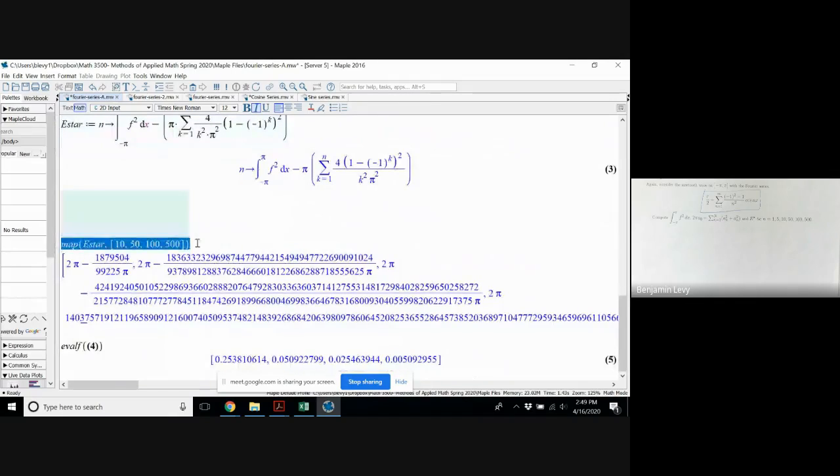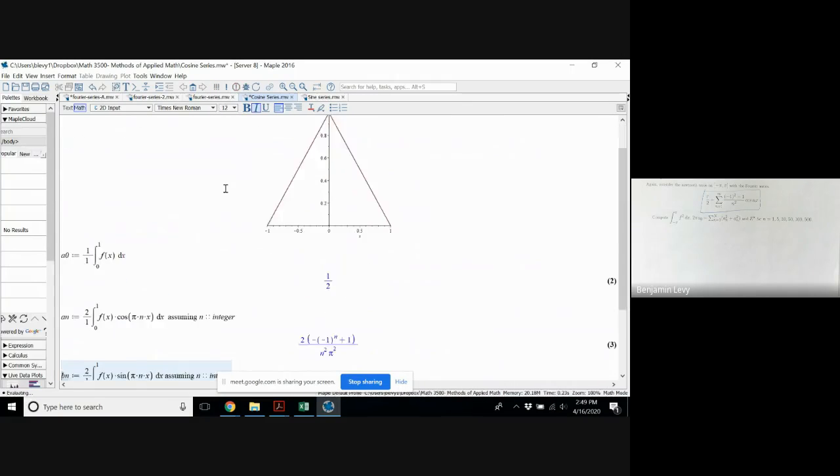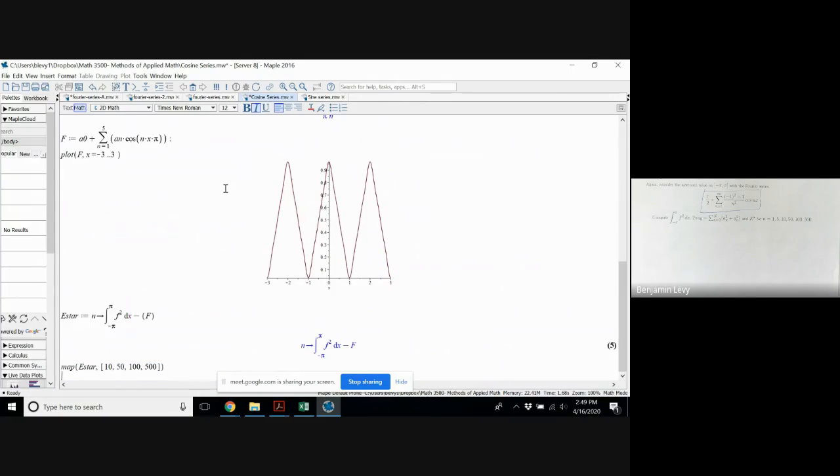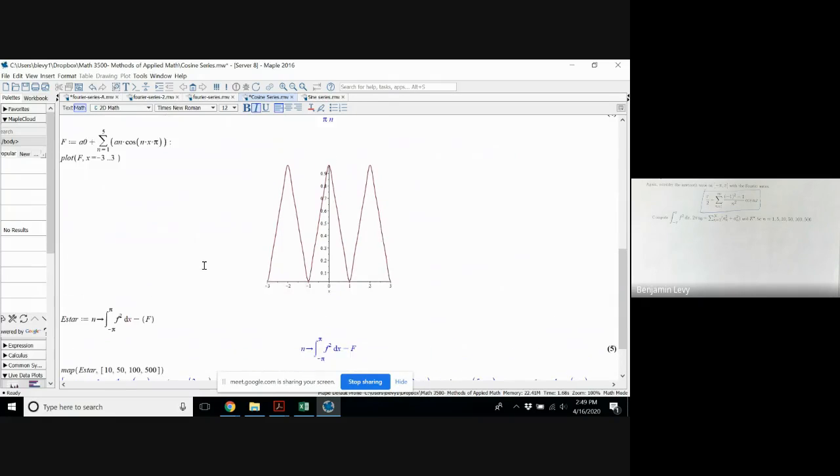And then we'll do this too. Does F have an X in it?